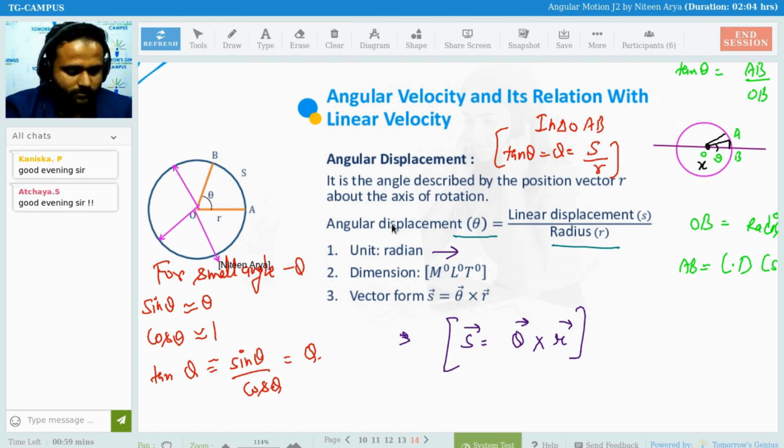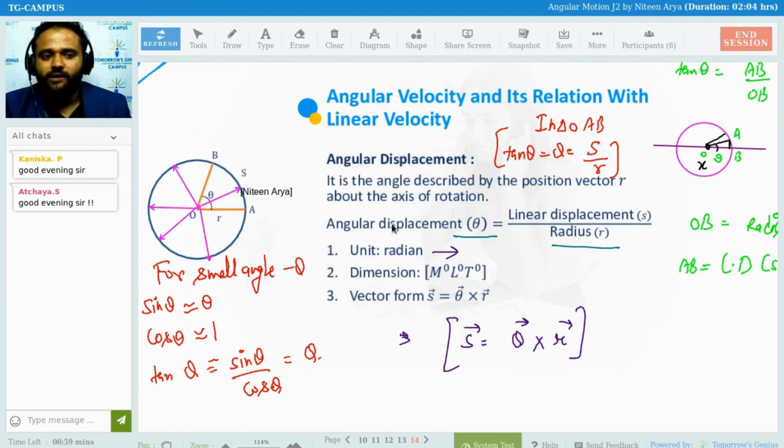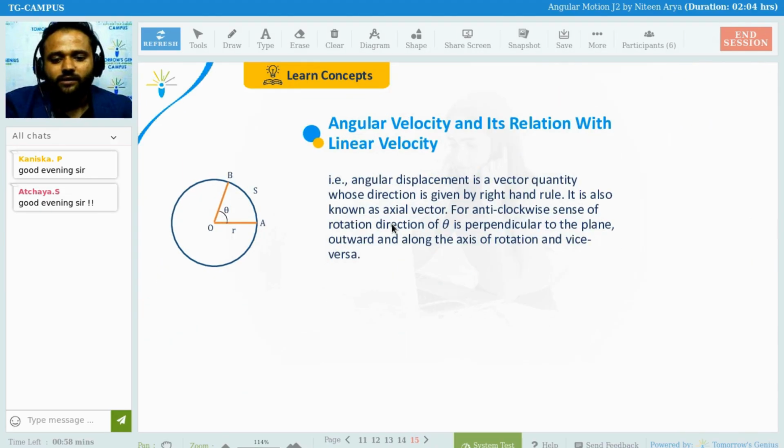It is not going to change. Clear? And why should I tell you this? This is necessary because we are going to take the derivative. We are going to find angular velocity and angular acceleration. Clear? Okay.